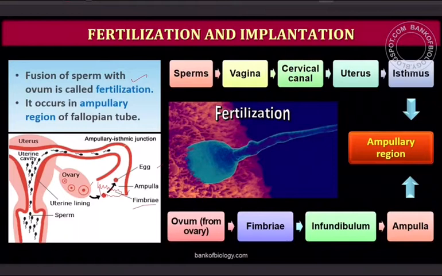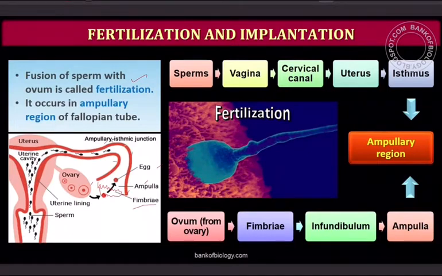The moment the functional ovum is released from the ovary, we call it ovulation. The moment the ovulation process takes place, the functional ovum gets absorbed by the fimbriae and starts traveling in the fallopian tube.